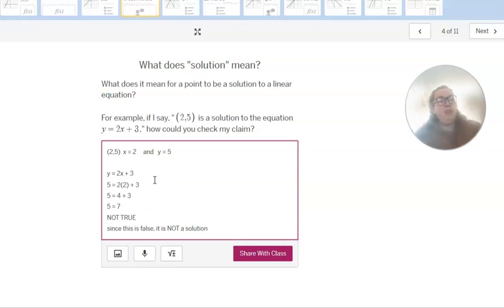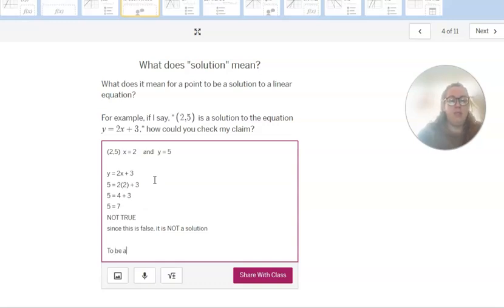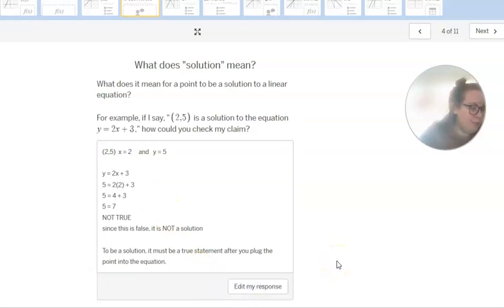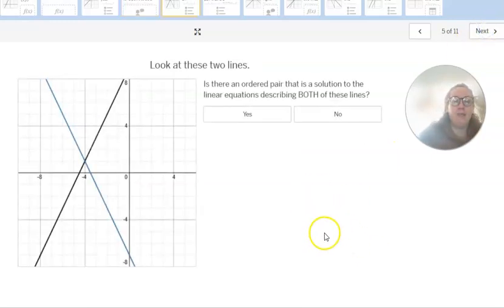So what we're doing here, to be a solution, it must be a true statement after you plug the point into the equation. Beautiful. Whenever you feel good, push ahead to slide 5.